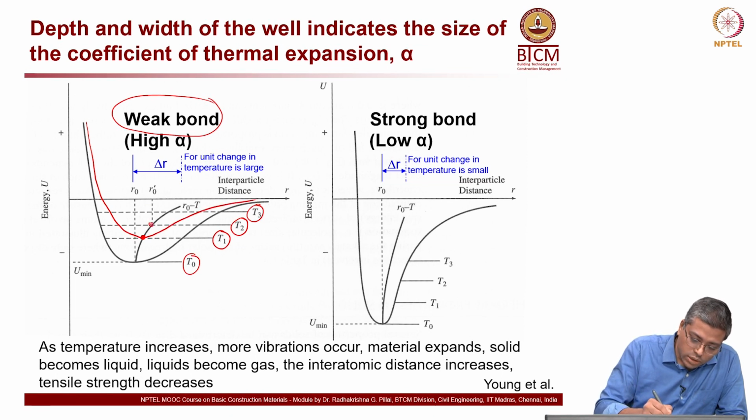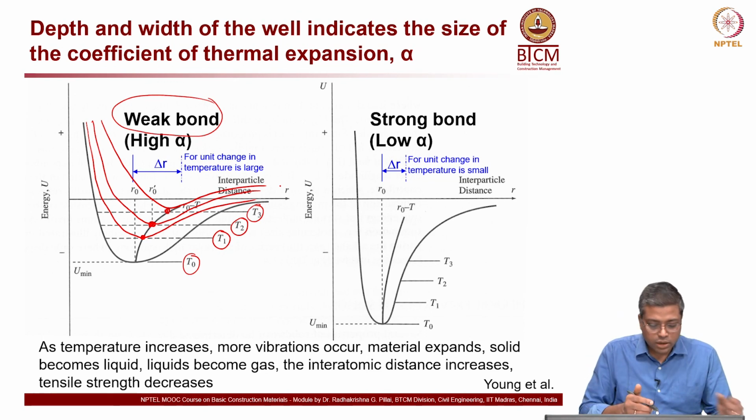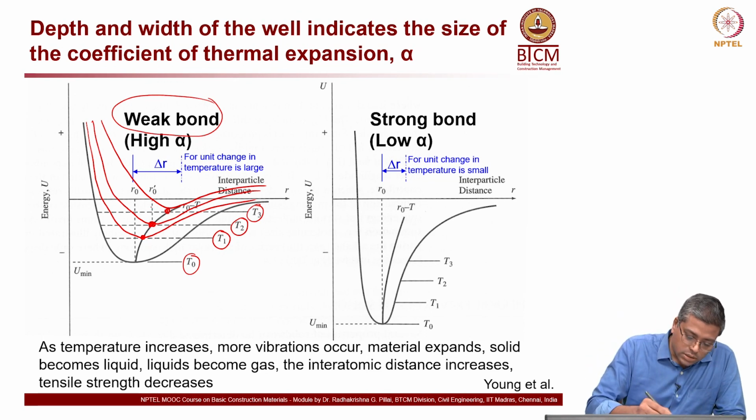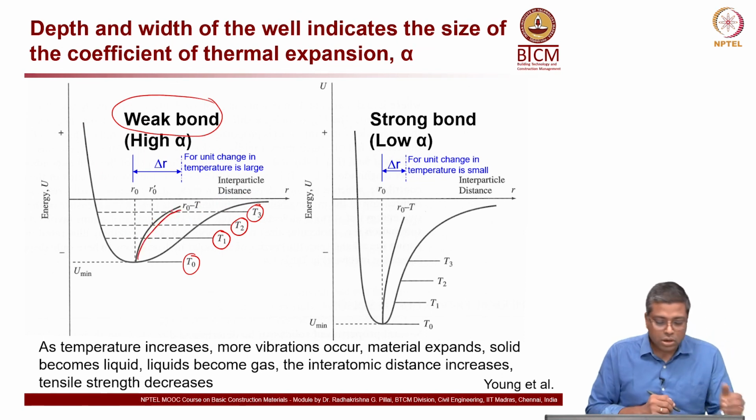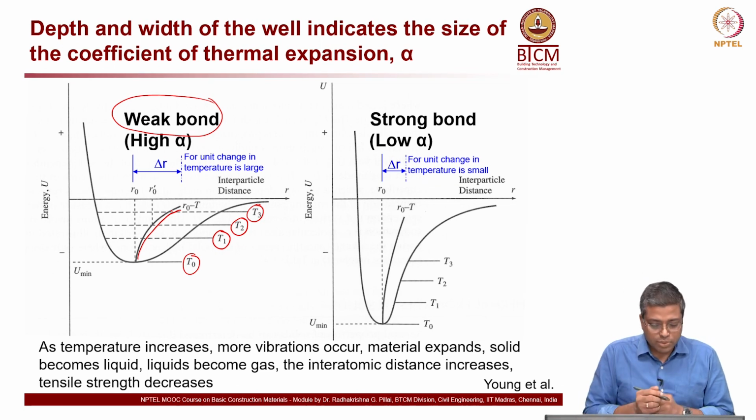At T2, the curve might become something like this. At T3, the curve might become something like this. So the curve keeps changing. Now this black line here is the locus of all those bottommost points at different temperatures.